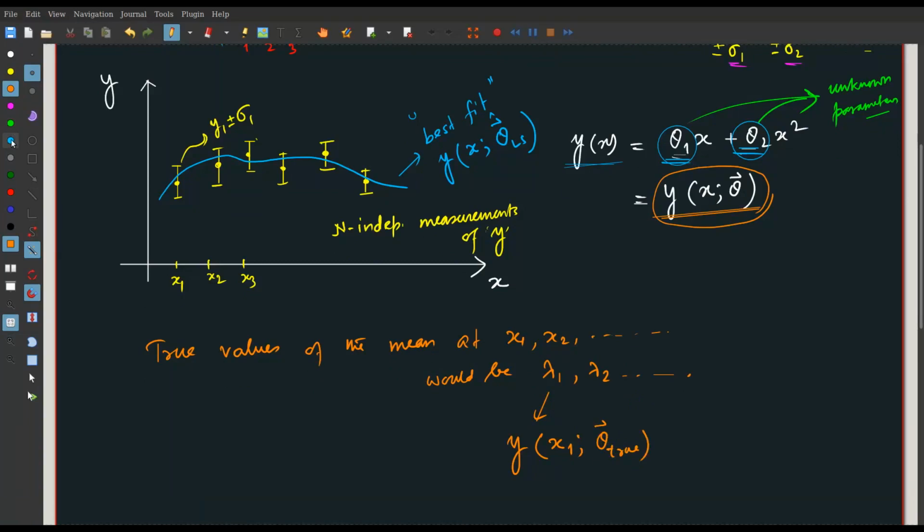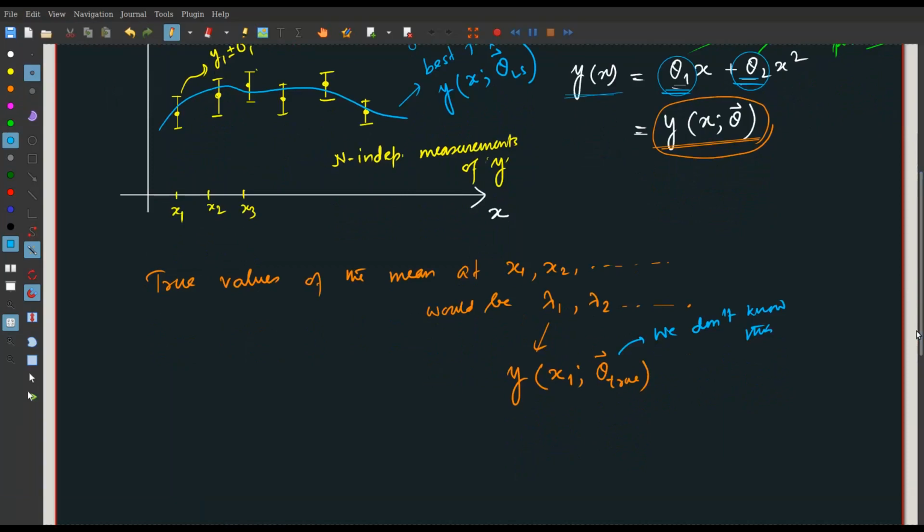Okay, so let me write it down. We don't know this, we are trying to estimate it. Not a true value but an estimate for that. This is the actual value. So if we knew the true value of theta, then just by plugging in x equals x1, I could find out what the true mean is.